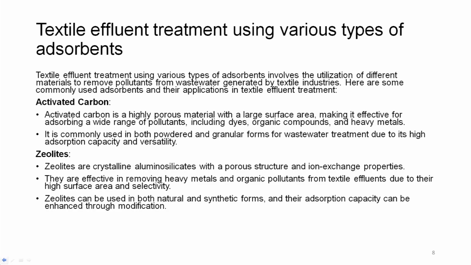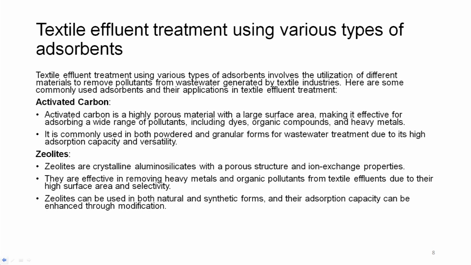We just learnt about activated carbon. Let us now look into it in a little deeper manner. Activated carbon is a highly porous material with large surface area, making it effective for adsorbing a wide range of pollutants, including dyes, organic compounds and heavy metals.